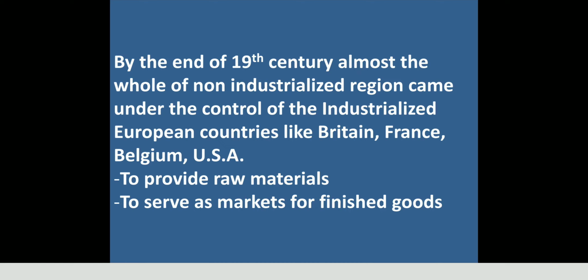To supply them with the raw material and also to serve as the markets that will benefit their industries and lead to more profits. So that is the reason the Industrial Revolution made the industrialized countries extend their control over the weaker nations for their own profit.